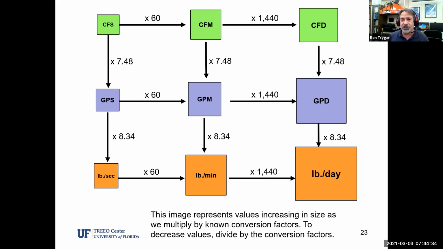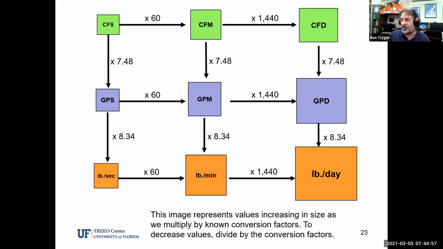This is just a visual image to describe what happens to a number or a value when we start multiplying by these different conversion numbers, like 60 seconds in a minute, 60 minutes in an hour, or 1,440 minutes in a day. It shows you from this little graph what happens to the number values.